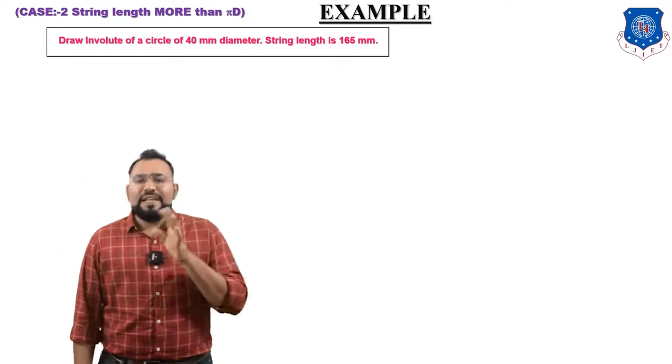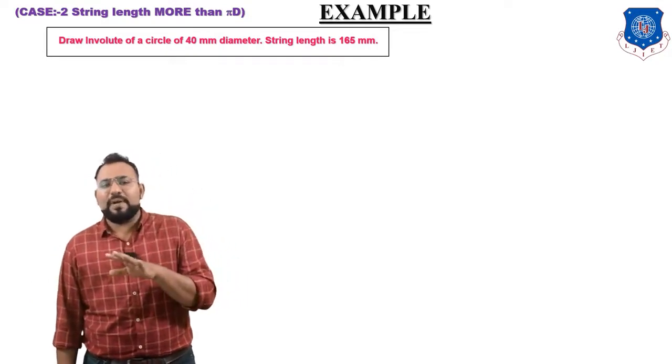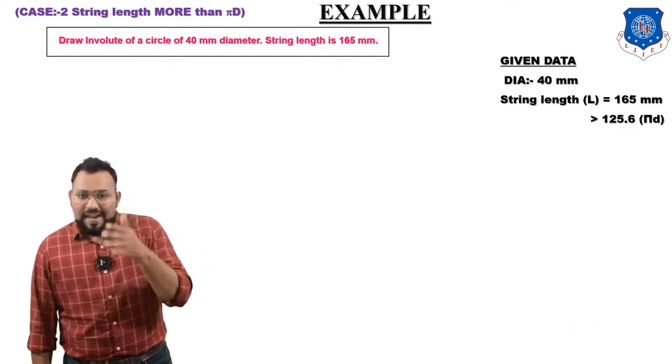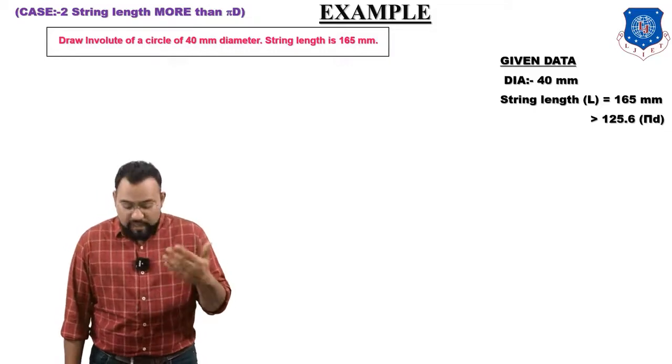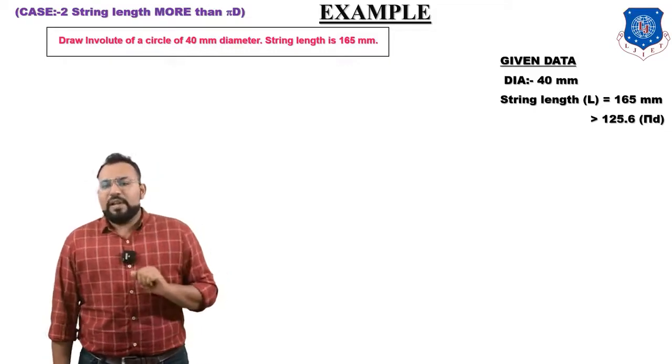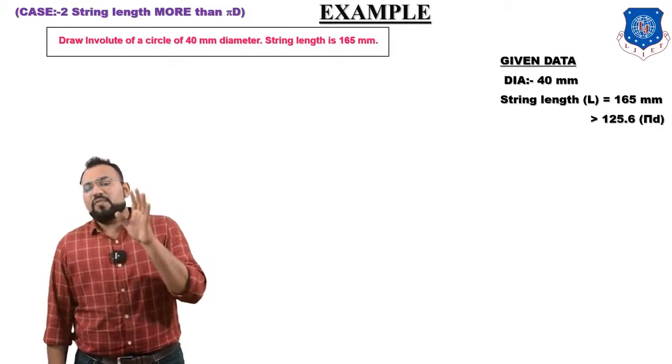Now how can you decide whether the string length is more than pi d or less than pi d? First write the given data. In this given data we have diameter equal to 40 mm. Here the string length L is given, which is 165 mm.